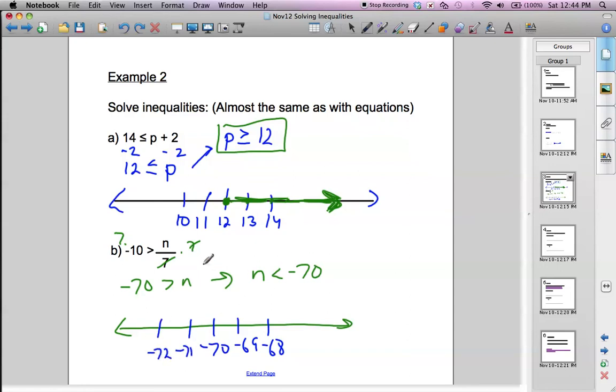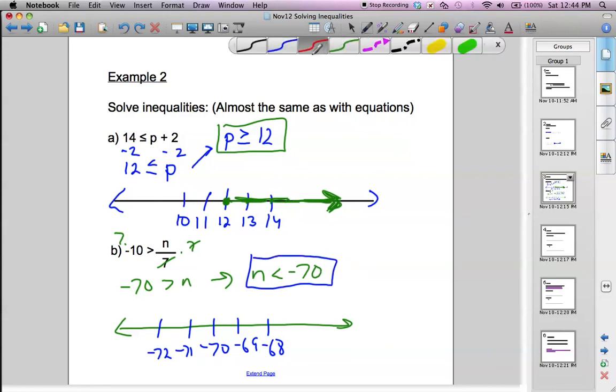Okay, so n is less than negative 70. It can't be equal to negative 70, so we use a hollow dot. Negative 70 is not included in the solution set. And since n is less than negative 70, it's got to go this way. All numbers less than negative 70 go that way, and that's how we graph the solution to the inequality.